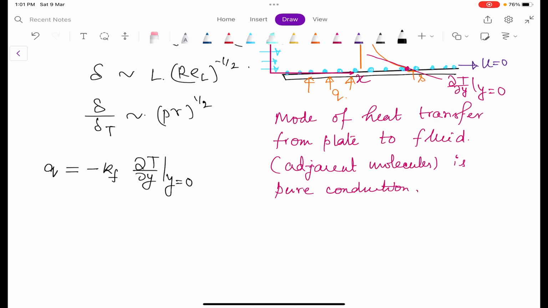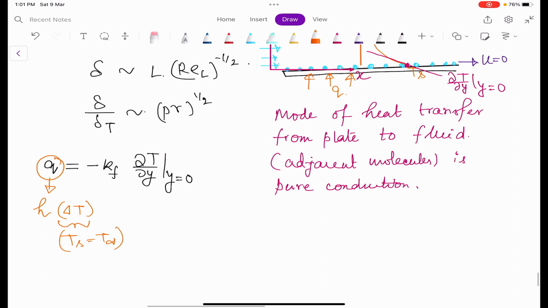And also this q I can write as h delta T. Basically here it is the flat plate, so this delta T is nothing but Ts minus T infinity, and h is the heat transfer coefficient. So this is equal to minus kf del T by del y at y equal to 0.